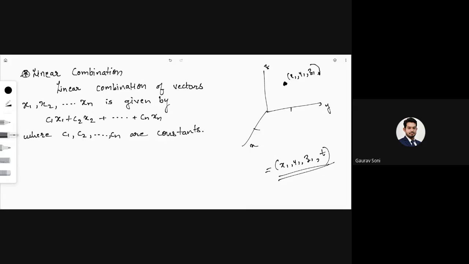So what is a linear combination? Linear combination is simply this kind of expression. So I have n vectors. What do we mean by linear combination of n vectors? It is of the type c1 x1 plus c2 x2 up to cn xn.